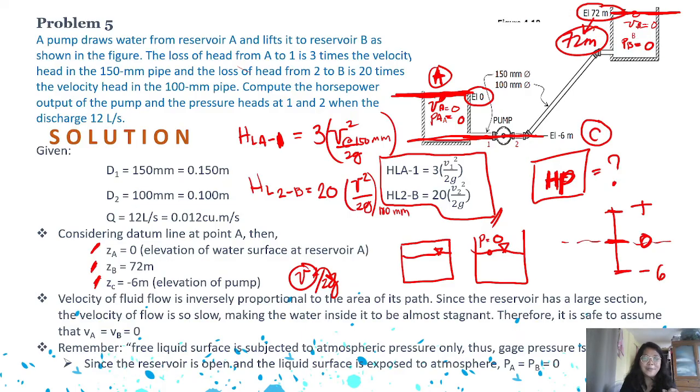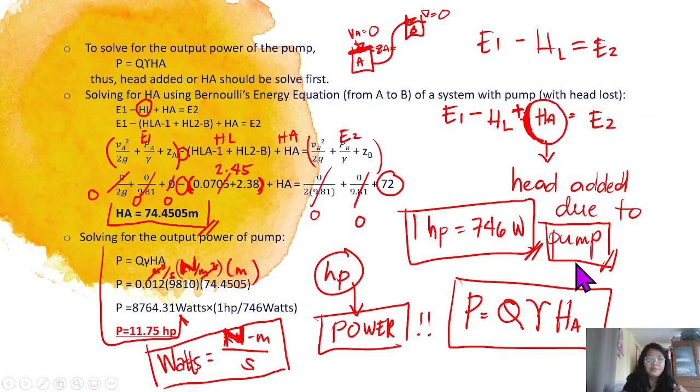Anyway, so, the concept here is first, to understand the difference in elevation between point A and B, and then determining the points, no? So, at point A, at point B, tapos at point C, ganyan. And then also, determining anong value ng velocity ko, anong value ng pressure ko, para malaman ko yung pag-substitute sa energy equation.